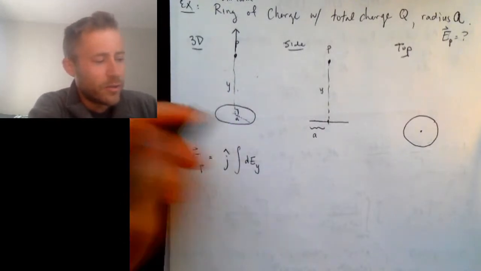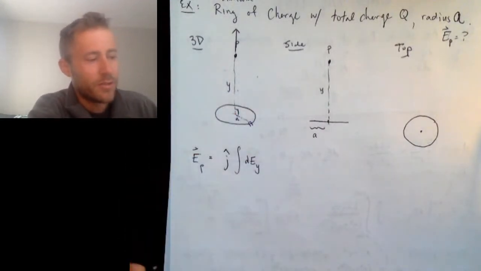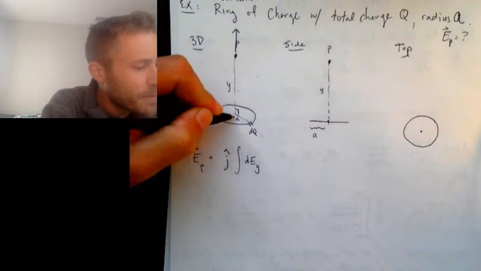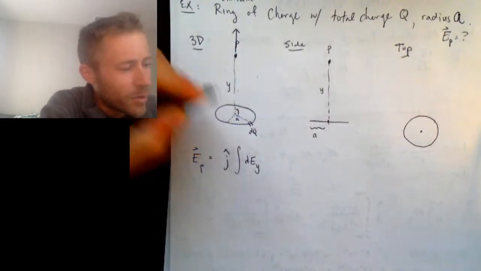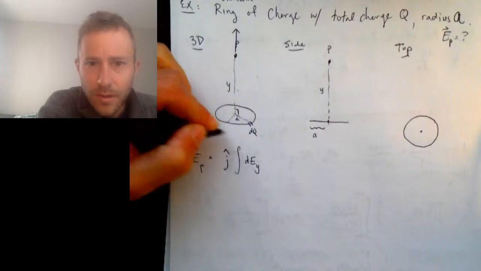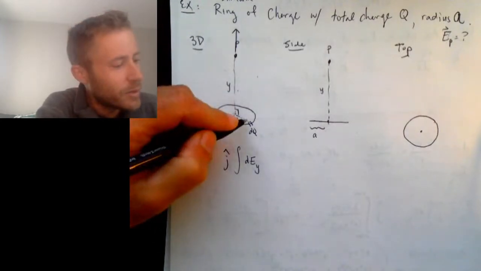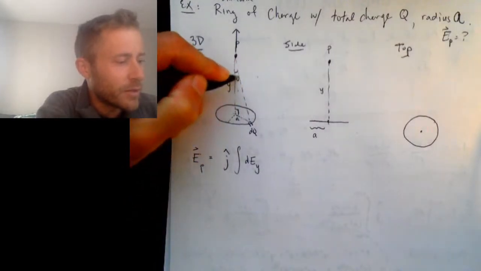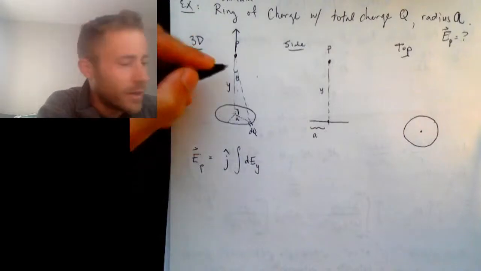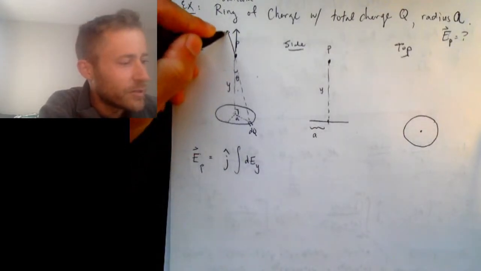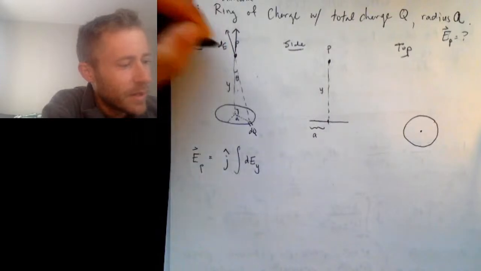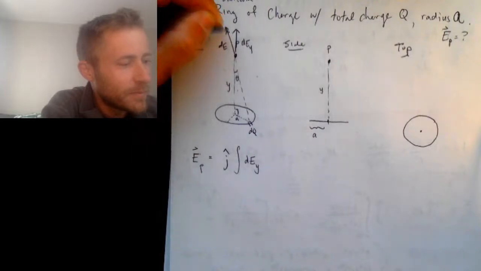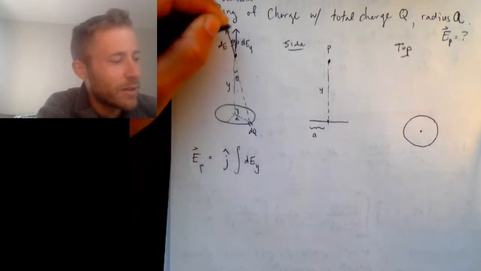So let's consider an itty-bitty piece of charge dq. We kind of have two angles here that we have to be careful about. There is this angle right here, which I will call theta. Here is dE, and here is the y component of dE. So this angle is theta.